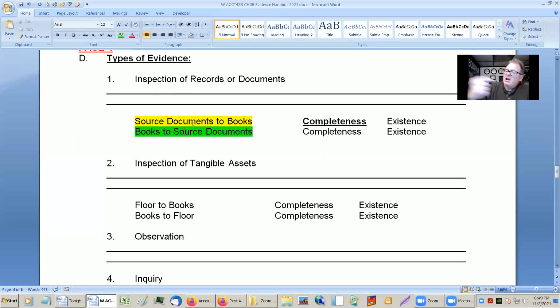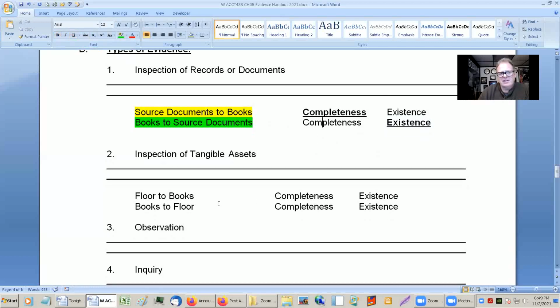I'm going to go backwards and see if I can find the source documents. So for instance, let's say they purchased inventory. I want to go back and see if there are source documents for this inventory. Maybe they're just trying to inflate their inventory to make their income look lower. That's for existence.